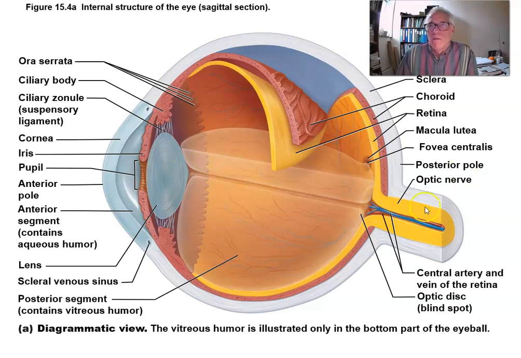All right, a couple more things we should note briefly before we go on. If we're thinking about the retina, it's where all the photoreceptors are that can transduce light photons so you can see. But when you're using your eyes for any kind of detailed vision, you're really only using a tiny little patch of the retina called the macula lutea, and the very central part of which is the fovea centralis.